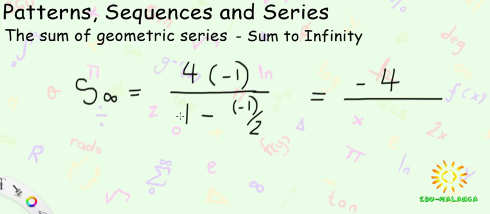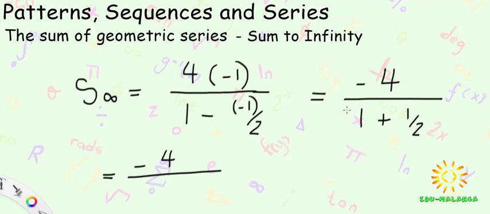When you have 1 minus a negative number, guys, it actually becomes an addition. Check it out with your calculator if you don't believe me. What you will have is 1 plus 1 over 2, because the two negative signs become a positive. Then we have negative 4 divided by 1 plus 1 over 2.